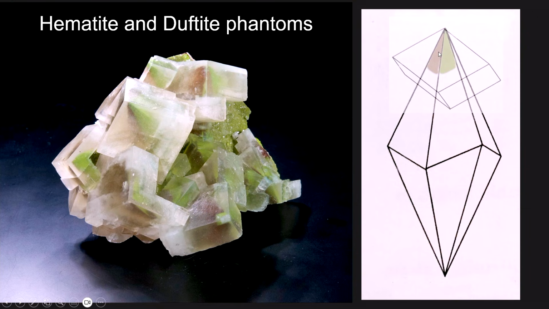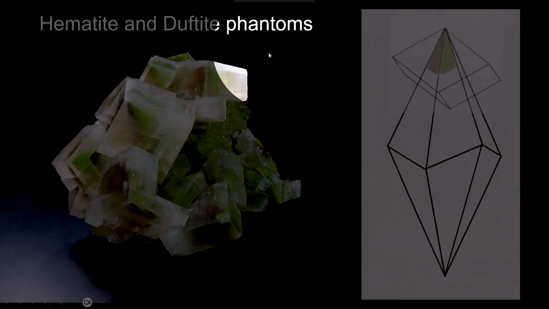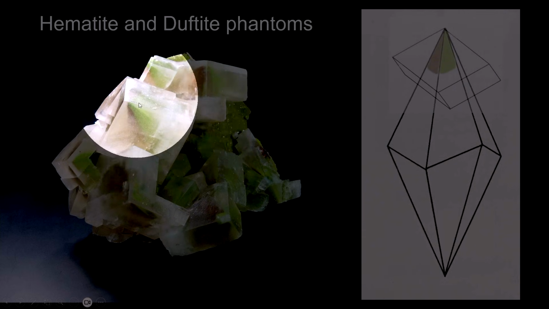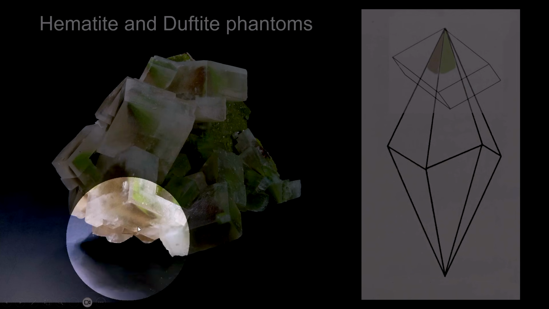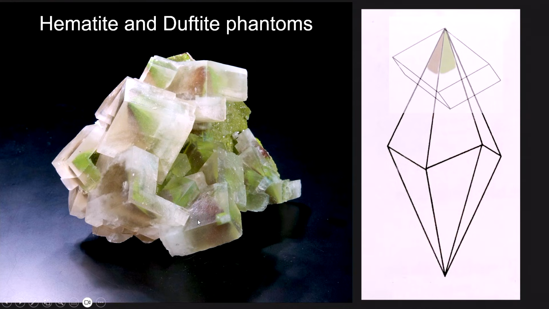And then after those deposits were made, the calcite resumed growing, but not in a scalenohedral habit, but rather a rhombohedral habit. And you can see here that the rhombohedra are positioned at the apices of several scalenohedral crystals. And that's how this lovely phantom specimen developed.